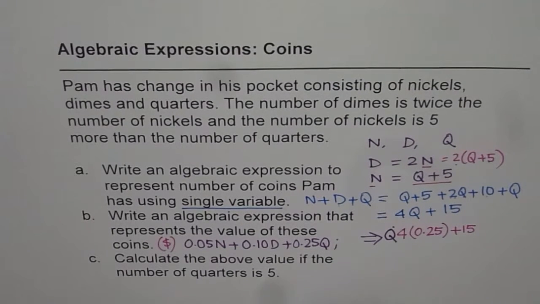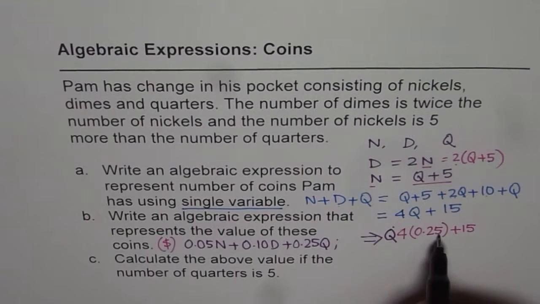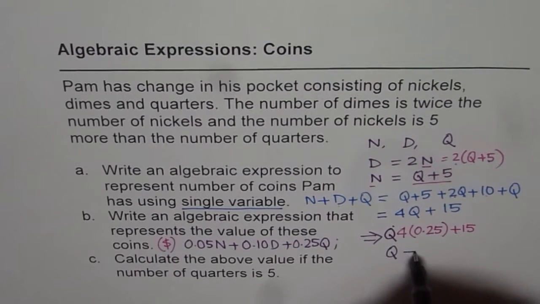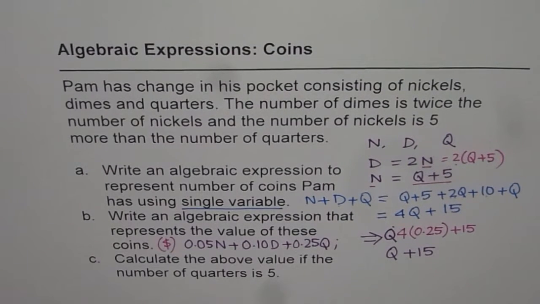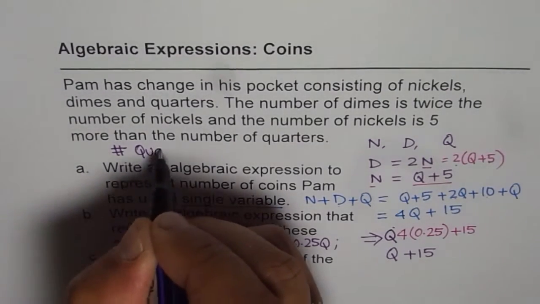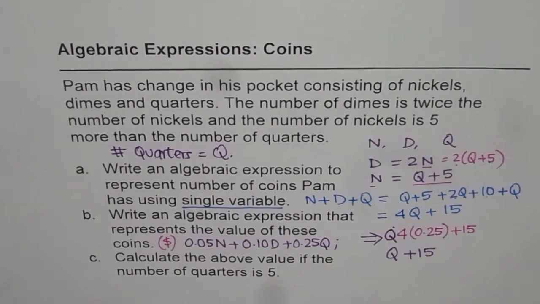Let me rewrite this: 4 times 0.25 gives me 1, so we get q plus 15. Here q is the number of quarters. That is our variable.